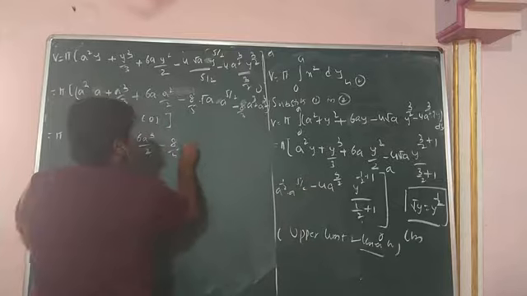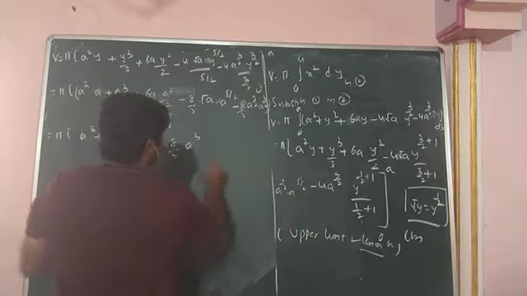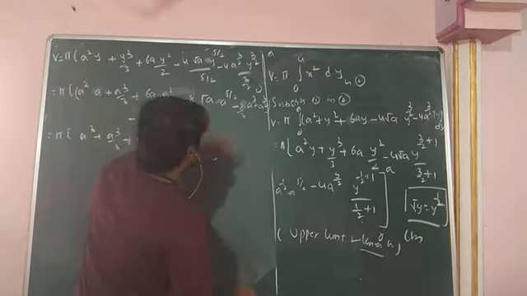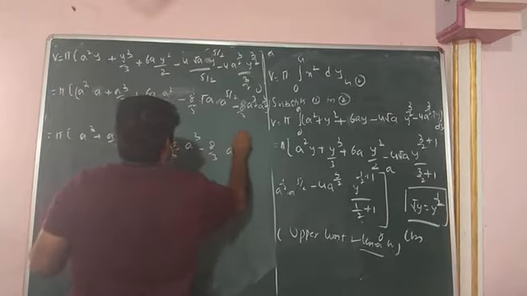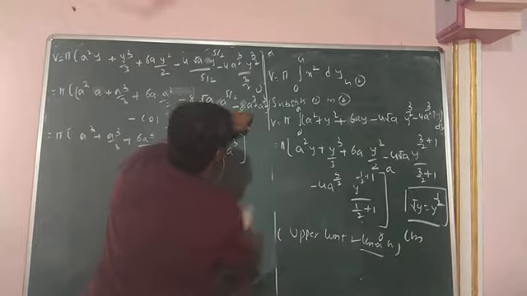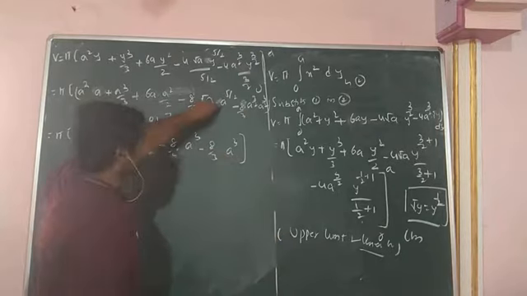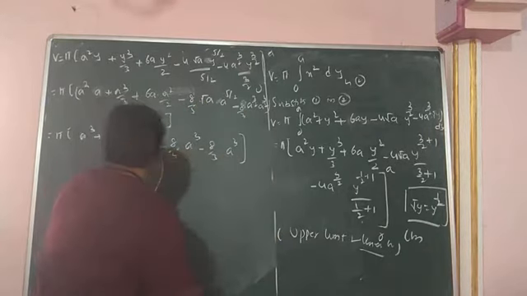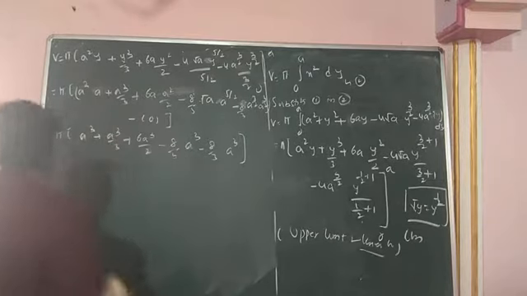That is nothing but a cube, minus 8 by 3 into a power of 3 by 2 times a power of 3 by 2. That is nothing but a cube. So we simplify this part. The simplification of this one we get a cube, and we simplify this part we get a cube.